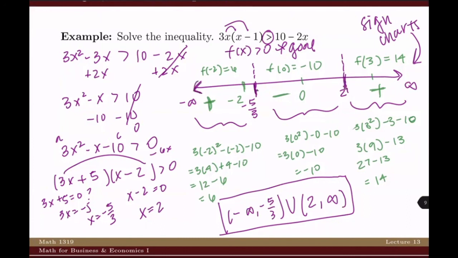You try to find numbers in between that aren't too bad to plug into your formula. Oh, this is 3, I forgot to write it. And then you just see if your solution is positive or negative. And that's pretty much it. And since we wanted bigger than 0, right here it says bigger than 0. That means we only wanted the bits where it was positive. So we don't want that bit because it's negative.